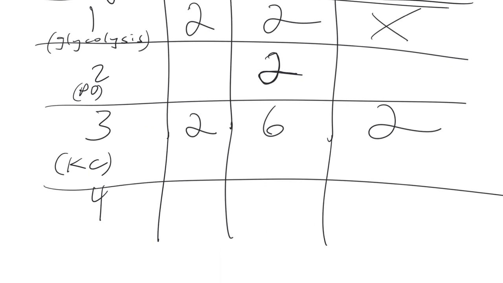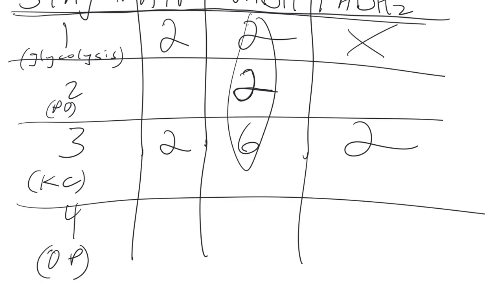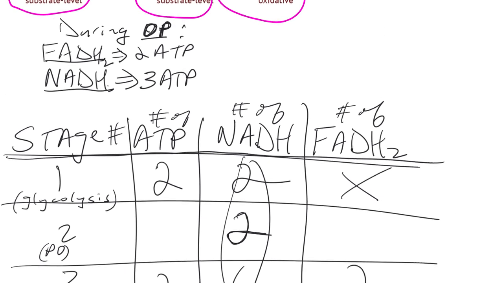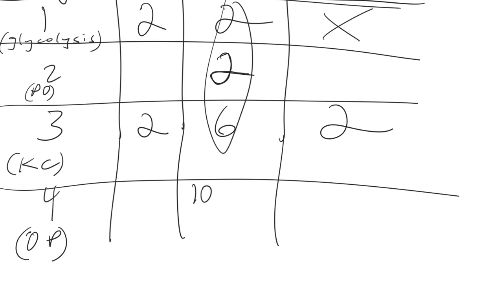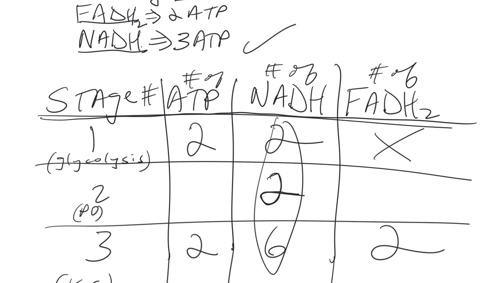So, in the oxidative phosphorylation stage, stage 4, this is where all these NADHs get charged up. So we got a total of 10 NADHs. 10 times 3 is 30, because each NADH is going to be worth 3 ATPs.